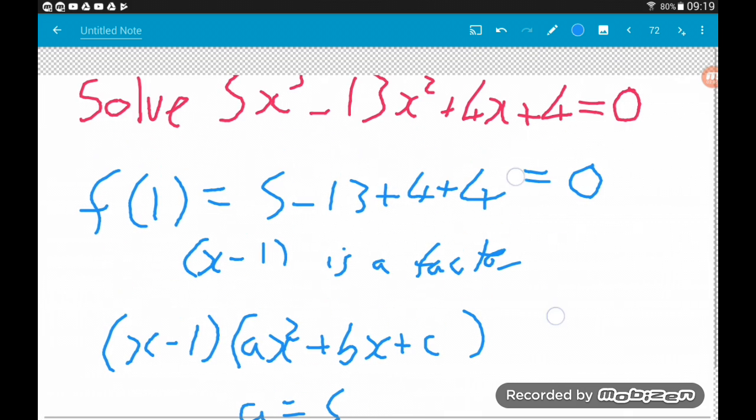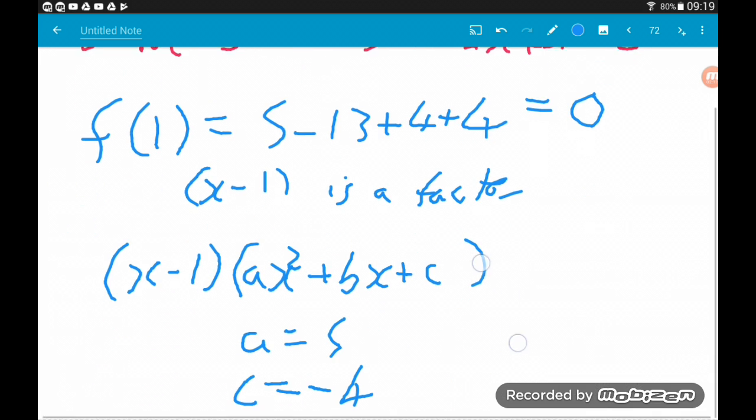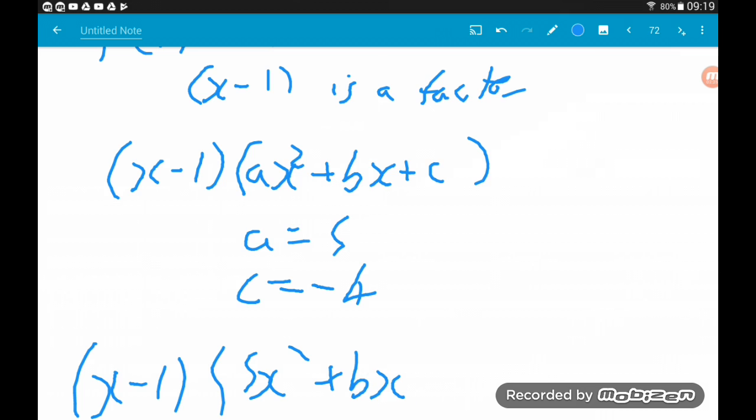So then minus 1 times minus 4 gives us the positive 4 that we need at the end. So we can rewrite the quadratic factor a bit. You can say we've got x minus 1 times 5x squared plus bx minus 4, like that.